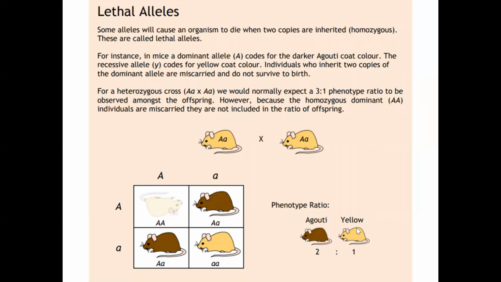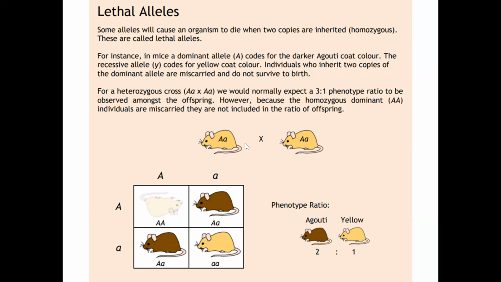Now if we cross these together, so a heterozygous individual, big A small a, with big A small a, and a white colored mouse is born, that is the lethal allele in this case.